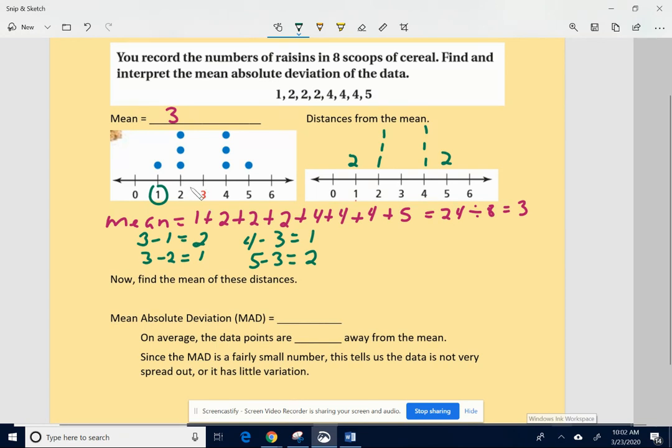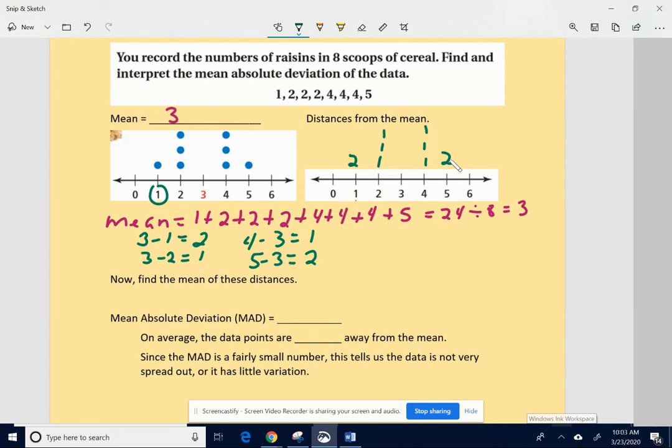All of these 2's are 1 space away from 3. All of these 4's are 1 space away from 3. And this 5 is 2 away from 3. You get it? We're just finding how far away each number is from our mean of 3.